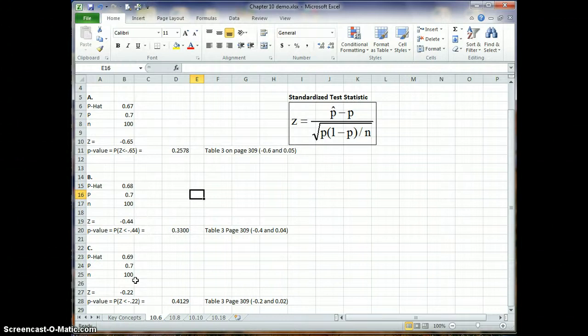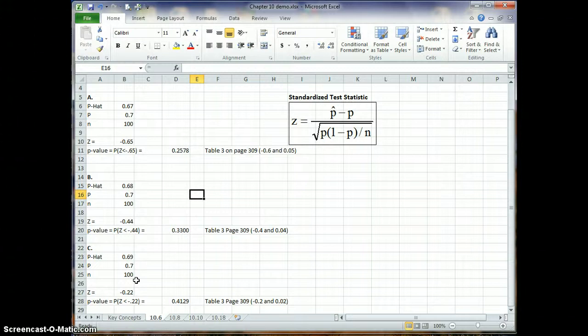So the z-statistic decreases from 0.65 to 0.44 to 0.22 as the p hat increases from 0.67 to 0.68 to 0.69. So again, that gives you a little bit of a taste for how these z statistics and p-values work together. What's the pattern there? What's the effect, I guess, is the right word.